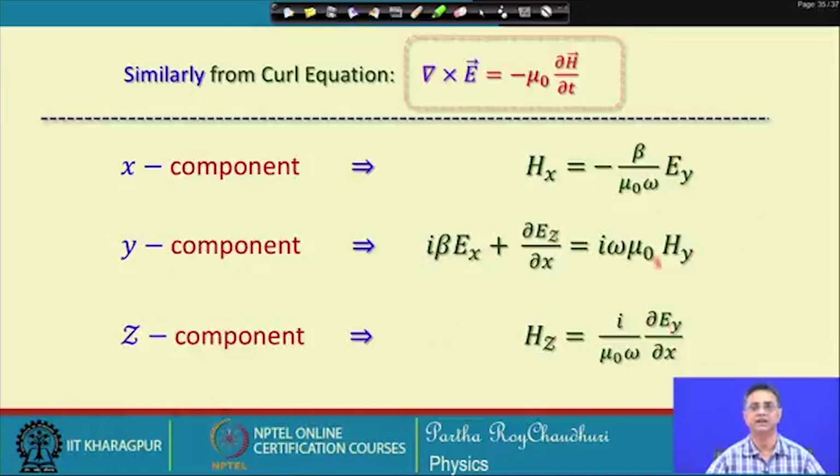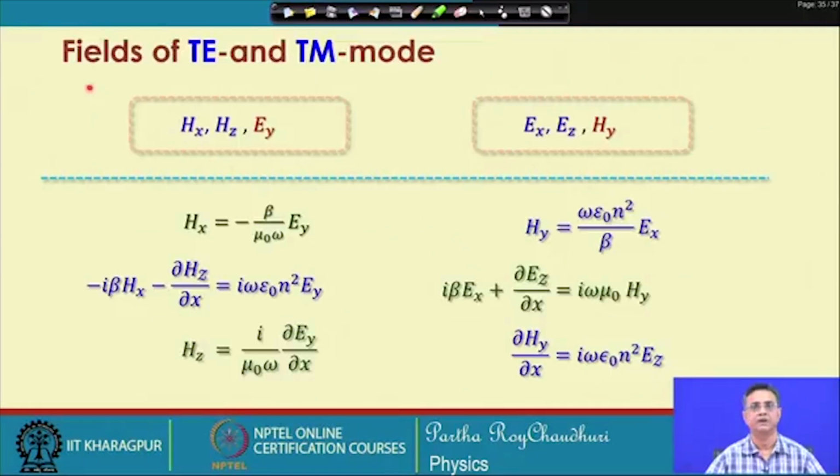So, these are again a set of three equations obtained from the curl equation, del cross E. For TE modes you have H x, H z, E y, as we have seen, because in the case of TE mode the electric field is tangential, but it also associates itself with H x and H z. Put together, these three field vectors constitute the TE mode.